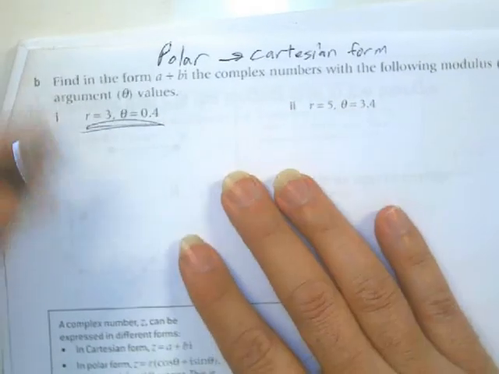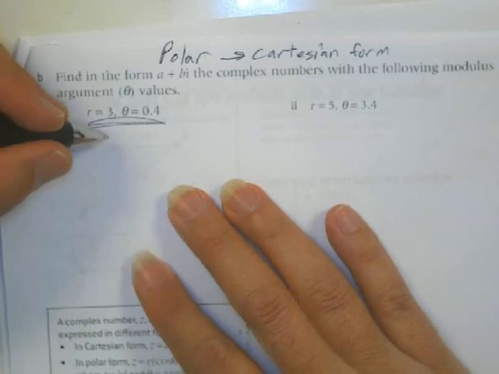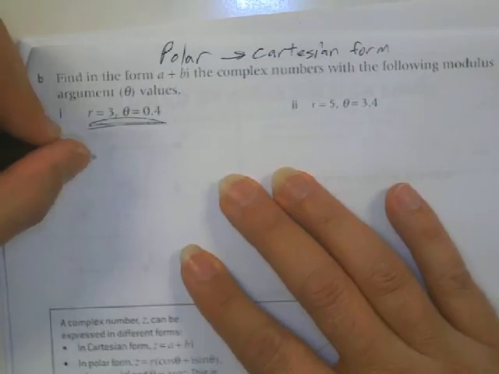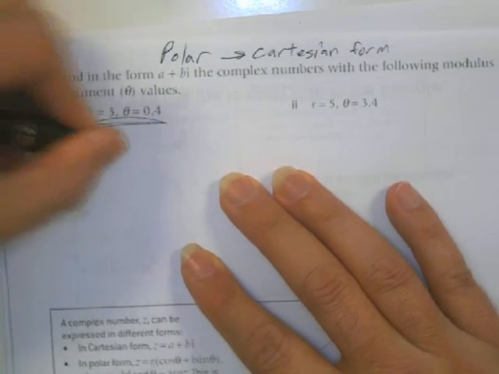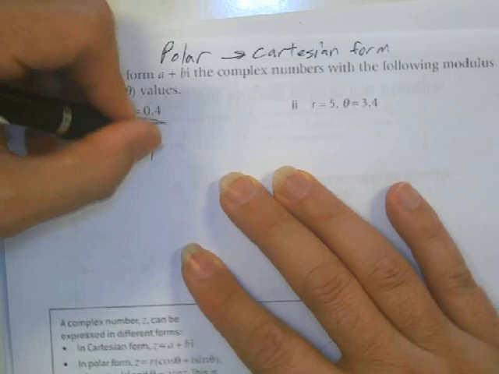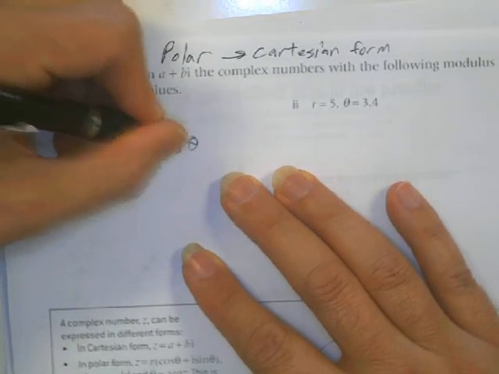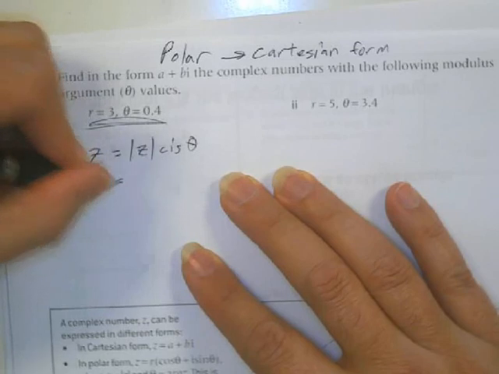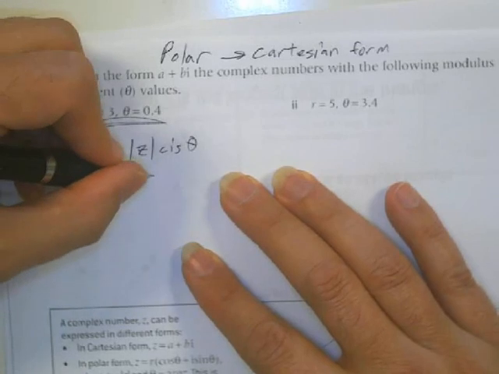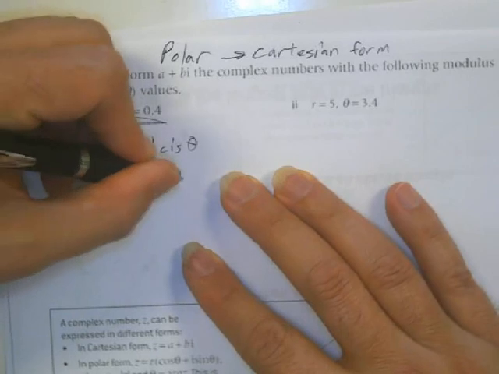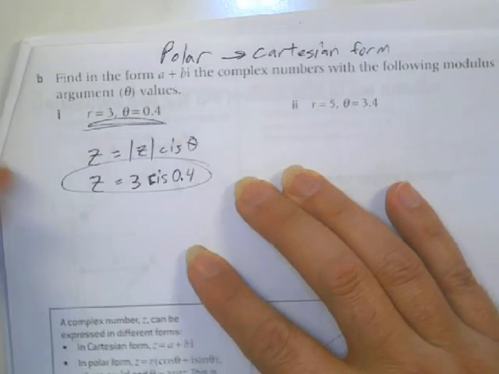What they've given you is, we just said polar form was z equals the modulus cis theta, right? This is polar form. What they've given you is you have 3 cis 0.4. This is what they've given you. This is polar form.